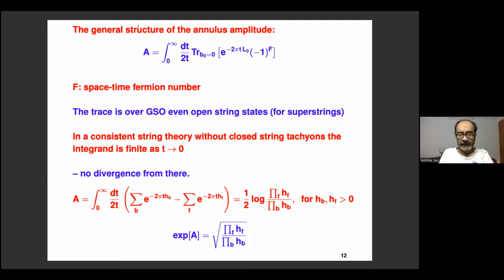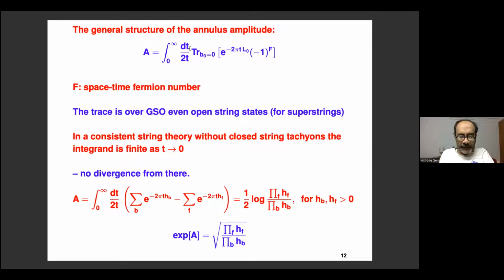So you have to put this b_0 equal to 0 condition, otherwise you have this e^{-2πitL_0} times (-1)^F, where F is the space-time fermion number. And here I should say that in the case of superstrings, this trace runs over GSO even open string states. And there is a subtle factor of 2 in the Ramond sector that we will encounter later as we proceed. But roughly you can think of this as the structure of the annulus.